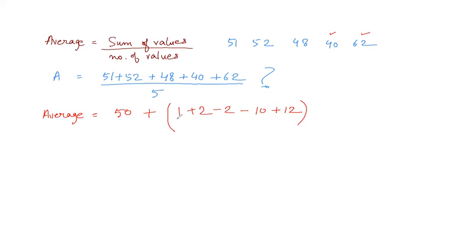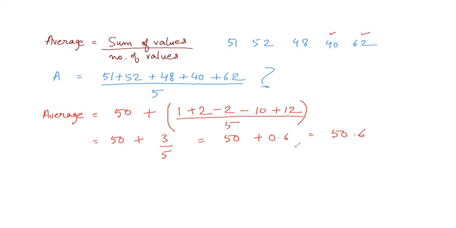And then I can divide just these small numbers by the number of terms, which is 1, 2, 3, 4, 5, which gives me 50 plus the sum of these terms, 3 by 5. That makes my average 50 plus 3 by 5, which is 0.6. So the average becomes 50.6.